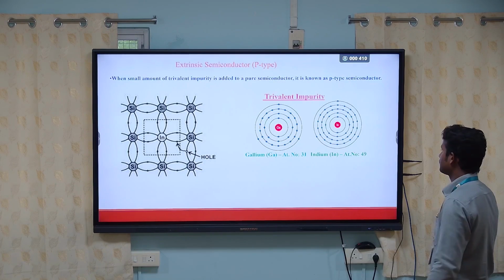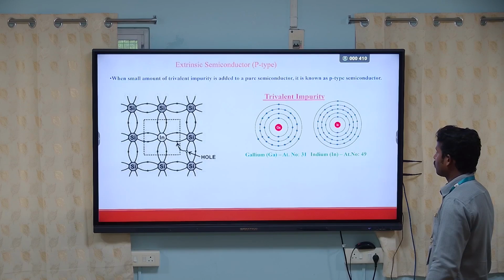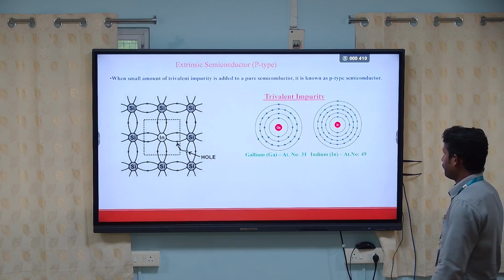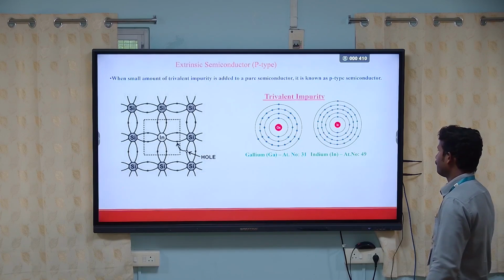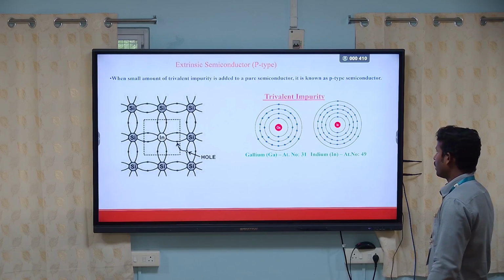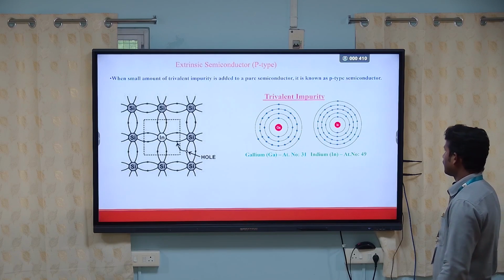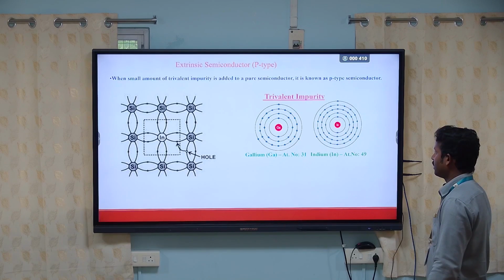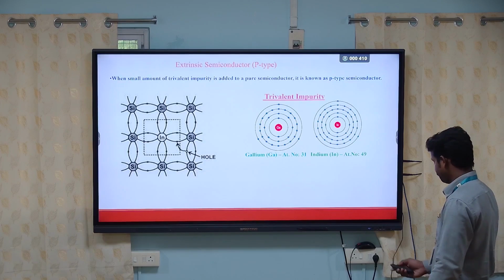When you incorporate this trivalent impurity into the semiconductor, 3 of the electrons make covalent bonds, and 1 place is vacant. That vacancy we call a hole. So 1 trivalent impurity creates 1 hole. When we add a few milligrams of trivalent impurity, it generates a numerous number of holes in the semiconductor.